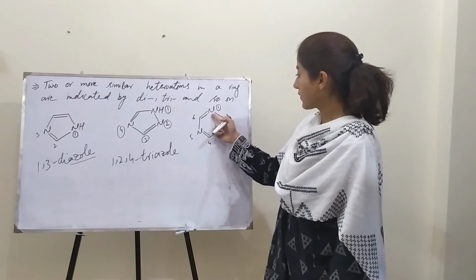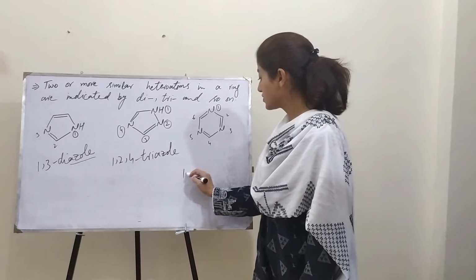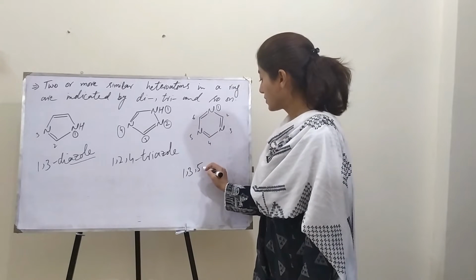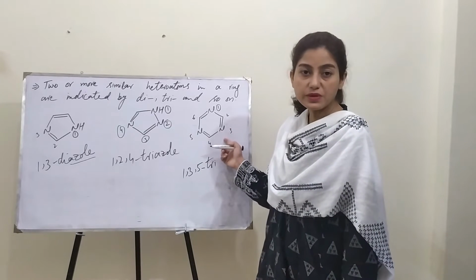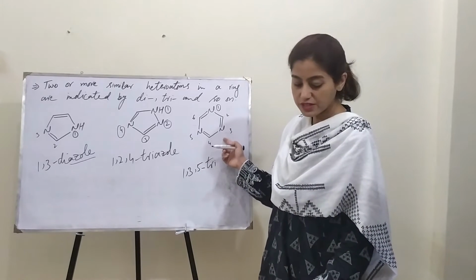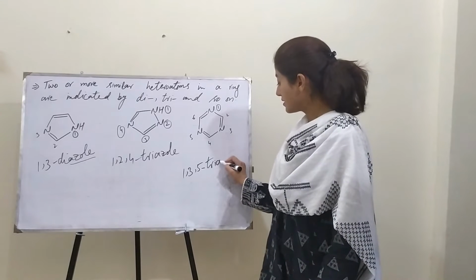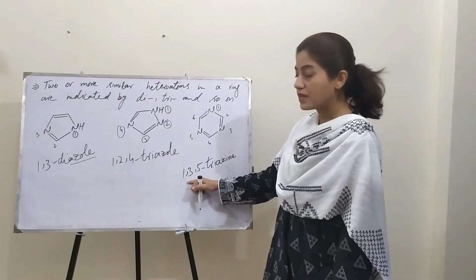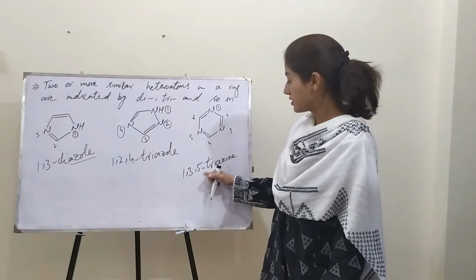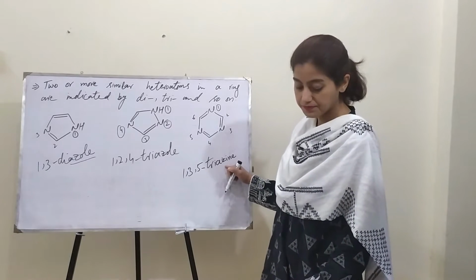So the nitrogens are at 1, 3 and 5 positions. Here these are the 1, 3, 5 tri. This is the 6-membered heterocycle containing nitrogen atom, and the parent name for such a system is azine. So the complete name would become 1, 3, 5 triazine.